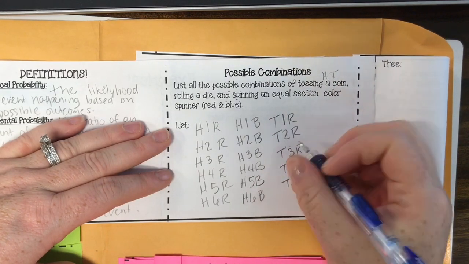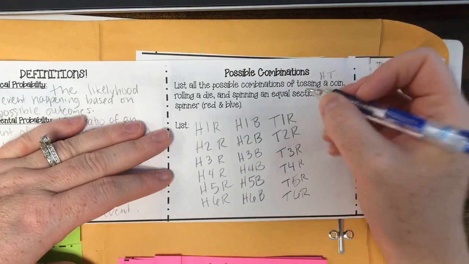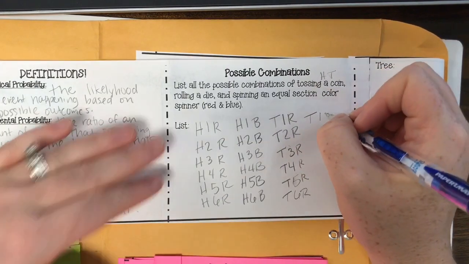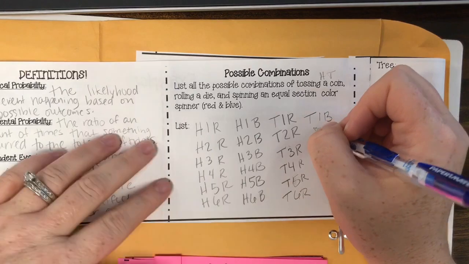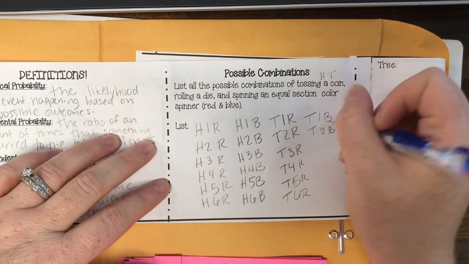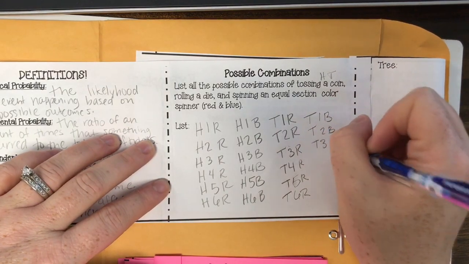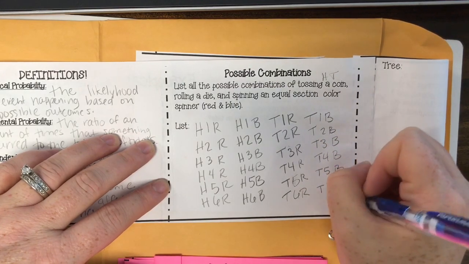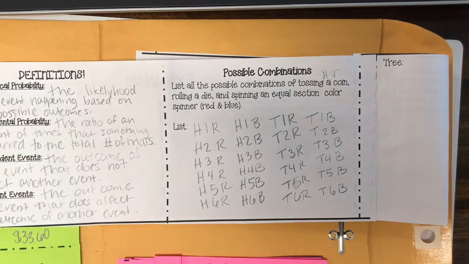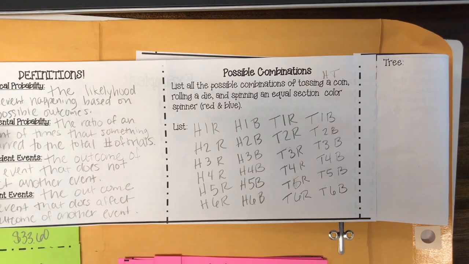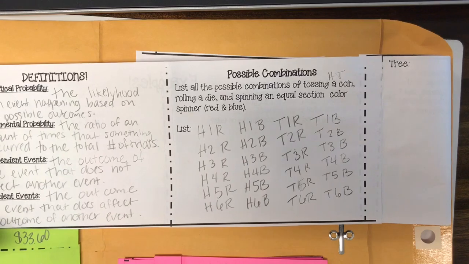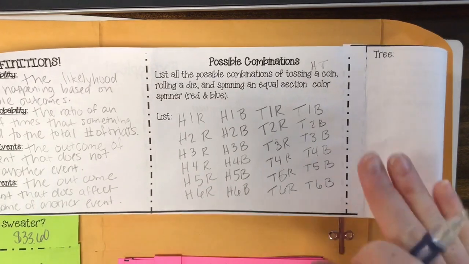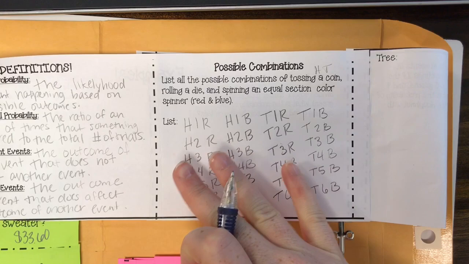Okay. Any other options you think you might have? Okay, so this is a list version, right?